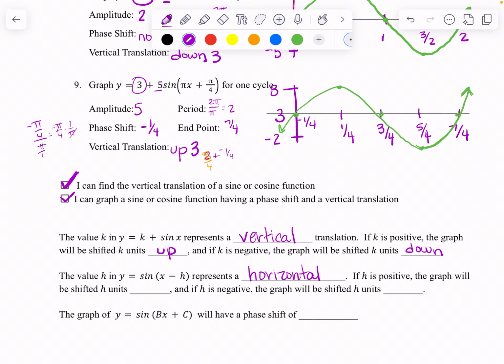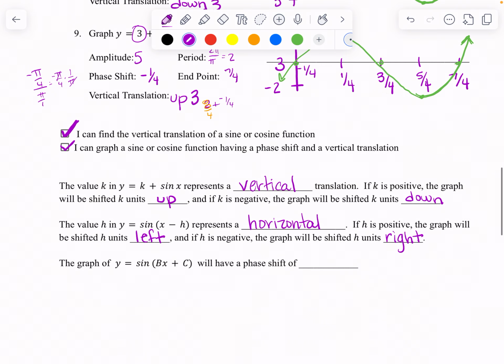If h is positive, the graph will be shifted h units left. And if h is negative, the graph will be shifted h units to the right. So the graph of y equals sine of bx plus c will have a phase shift of -c over b.